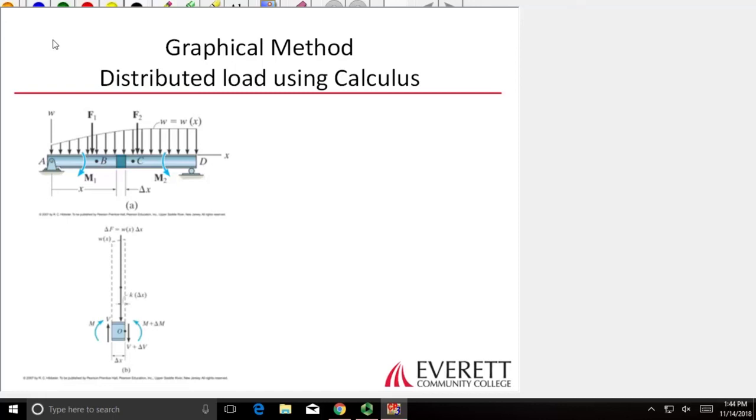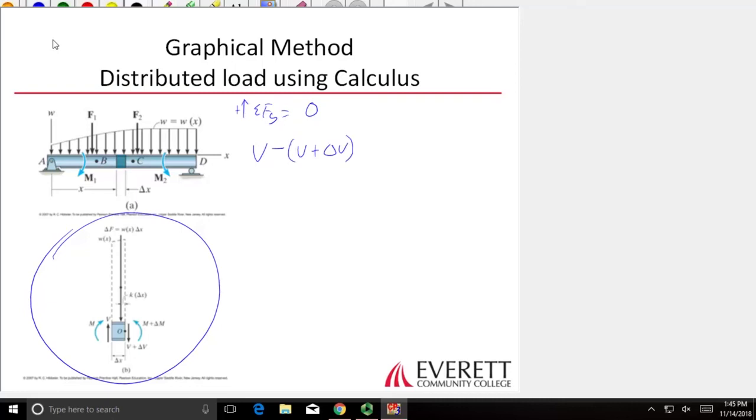Now what we're going to do is just what we've done before. This is a free body diagram. I'm going to start off with the sum of the forces in the y direction equal to 0. On the left-hand side, I have a shear. On the right-hand side, I have a shear plus delta shear pointing down. So I've got to put that as negative because I'm using a positive y direction.